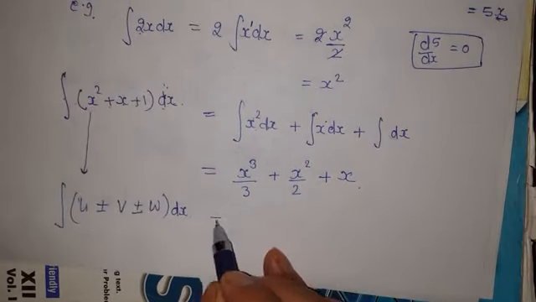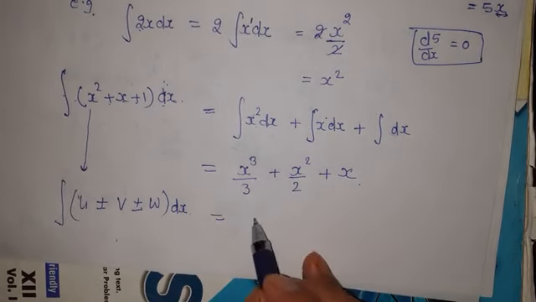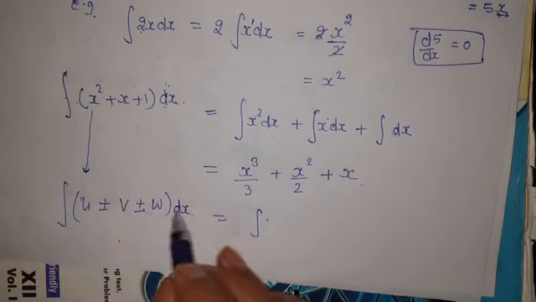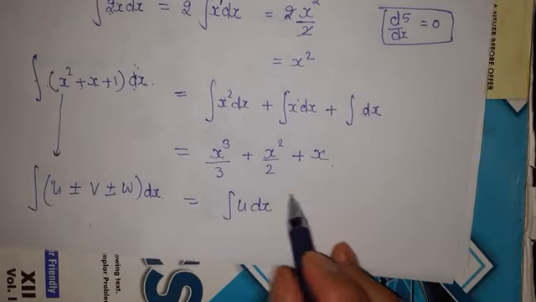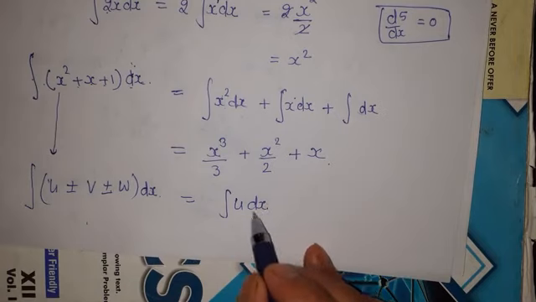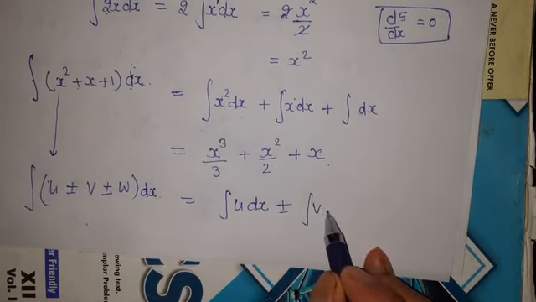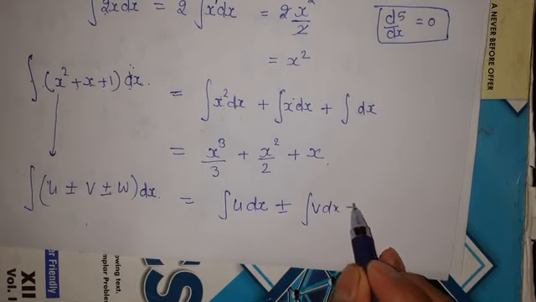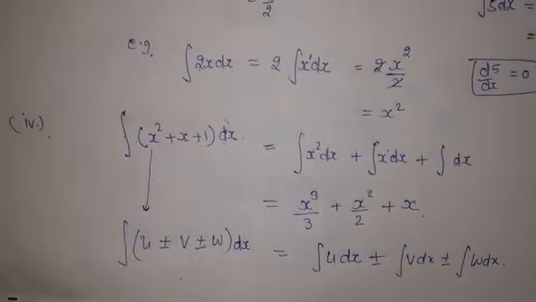Okay, so in such a case, if we get such an example, then inside the bracket multiply with this integration sign and the variable element, so plus minus integration v dx plus minus integration w dx. Okay, this is that rule.